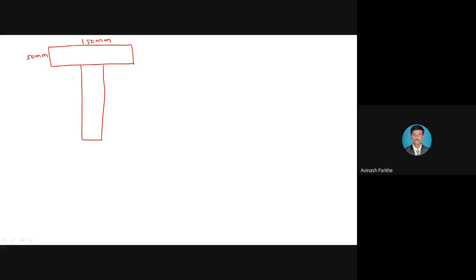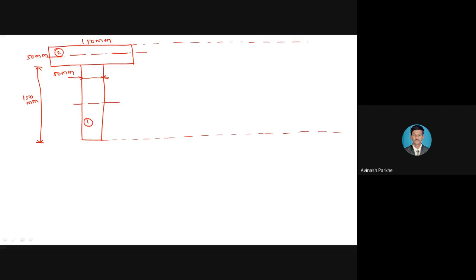The dimension of this vertical section is once again 50 mm, and its vertical dimension is also 150 mm. So this is section number 1. This is section number 2. This is the bottom reference line from which we have to calculate the y1, y2 distances. Okay. So this is the figure.